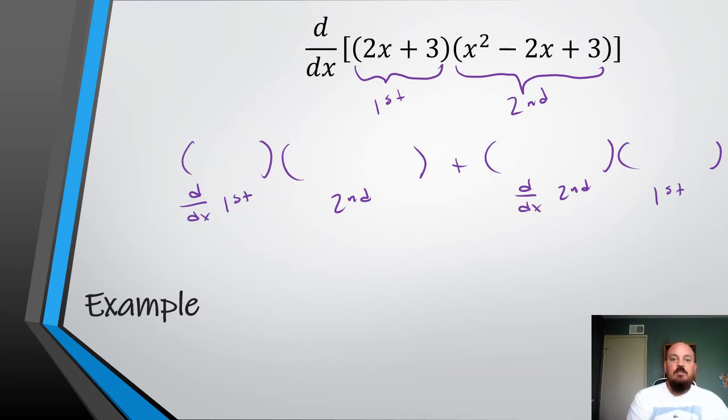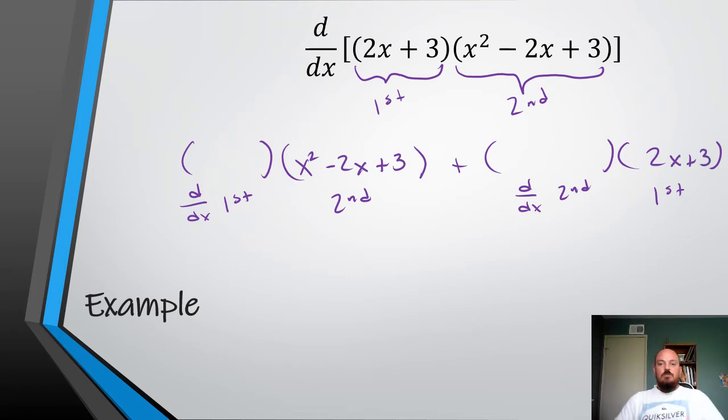The second function is x squared minus 2x plus 3, and the first function is 2x plus 3. So now all you have to do is take two derivatives. Each one should be a nice simple power rule, just like we did in the last lesson, and put those in the parentheses, and then we'll have a few cleanup steps at the end.